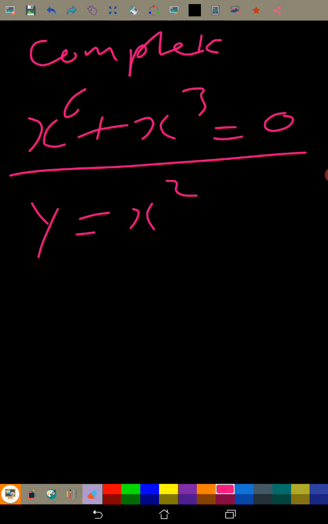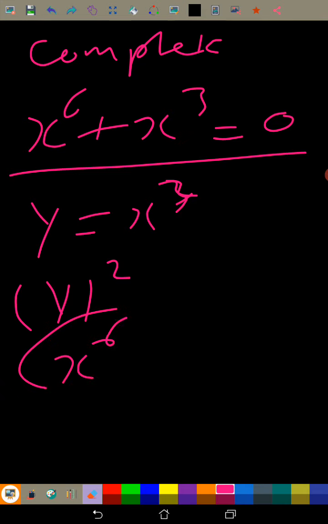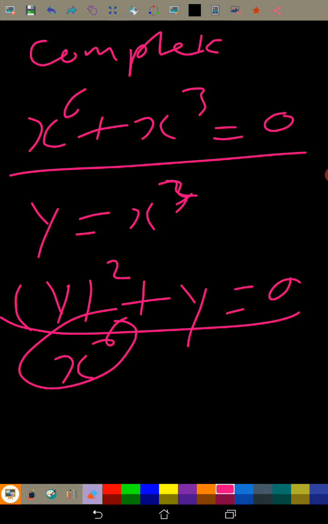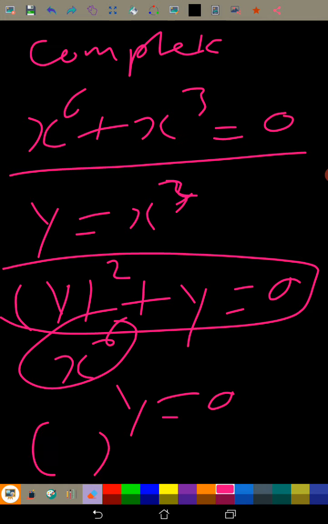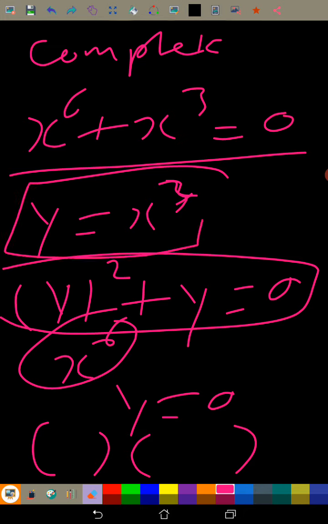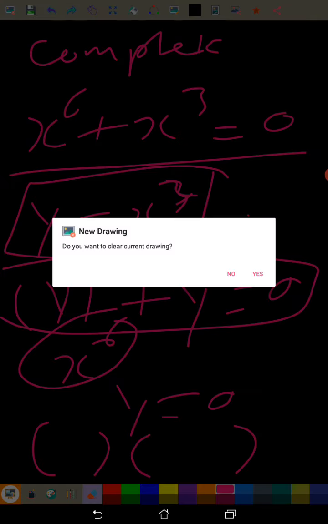So we basically have x to the power of 6, so we just substitute this, and then we can solve the problem. We can find y, and then in the end we just remember that we use this relationship, and we can solve the problem. All right, that was for complex equations.